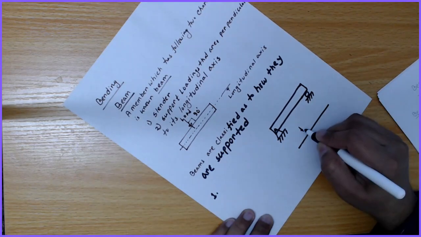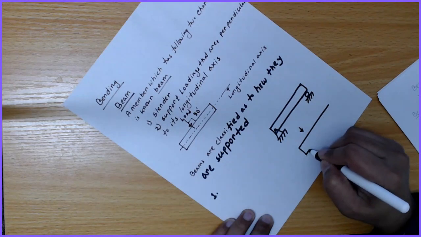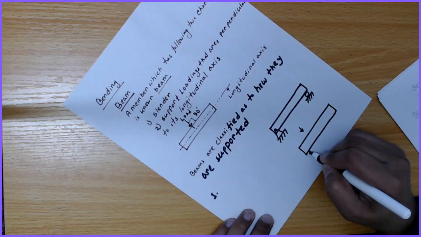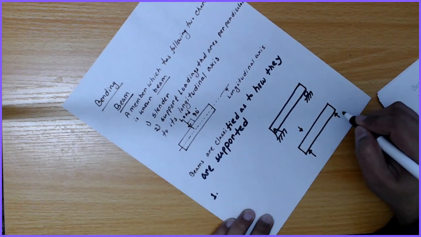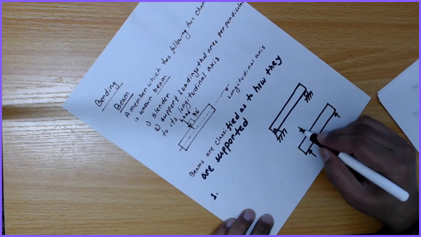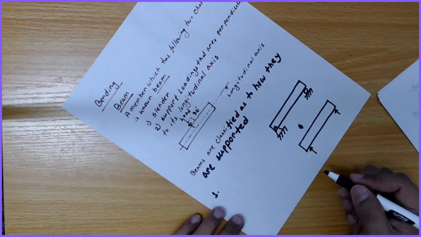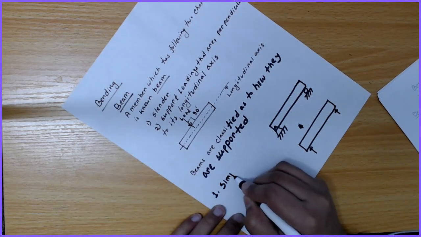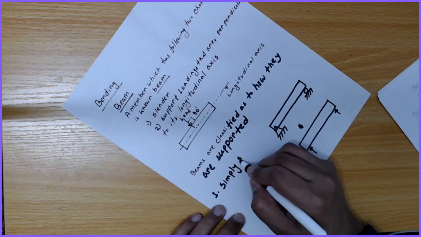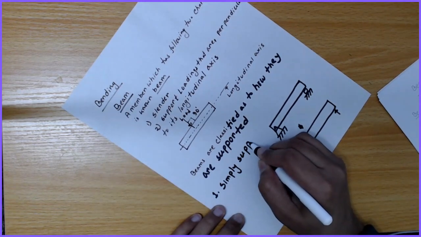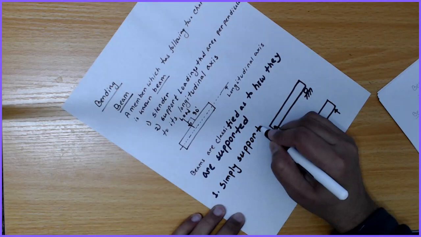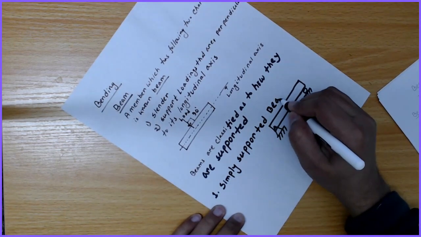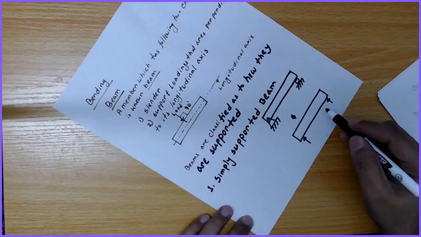We have this kind of support. So this is called simply supported beam. So this is one example of simply supported.